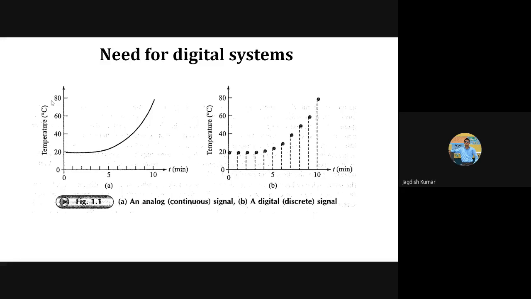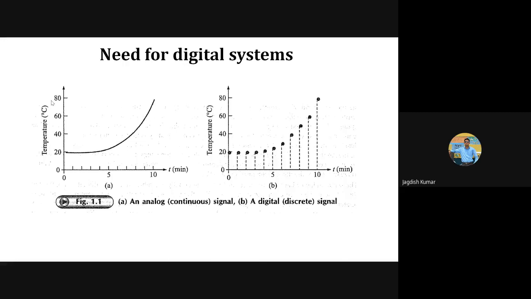What any sensor does is take a signal and convert that signal to some voltage. Say, for example, a temperature sensor may take heat and convert that into voltage. If the temperature rises, the amount of heat going to the sensor also increases, and the voltage will also increase. So that's the idea behind the sensor.